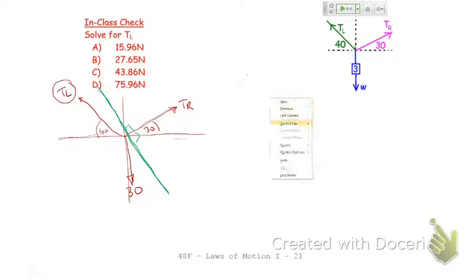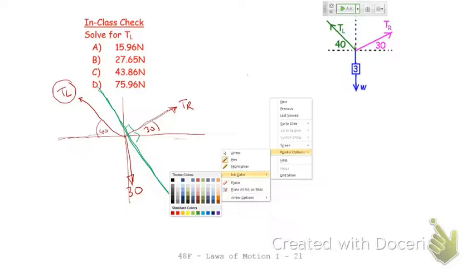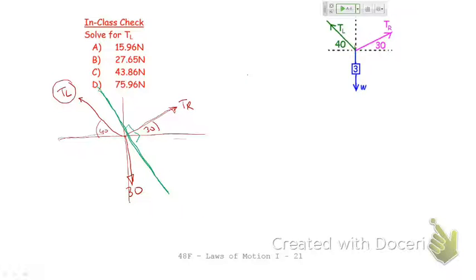And then, let's get a different colored pen so you can see it. Let's go to purple. So then I look at this and I go dot, dot, dot. There's the component of TL along the green line. And I've got to do some geometry here.